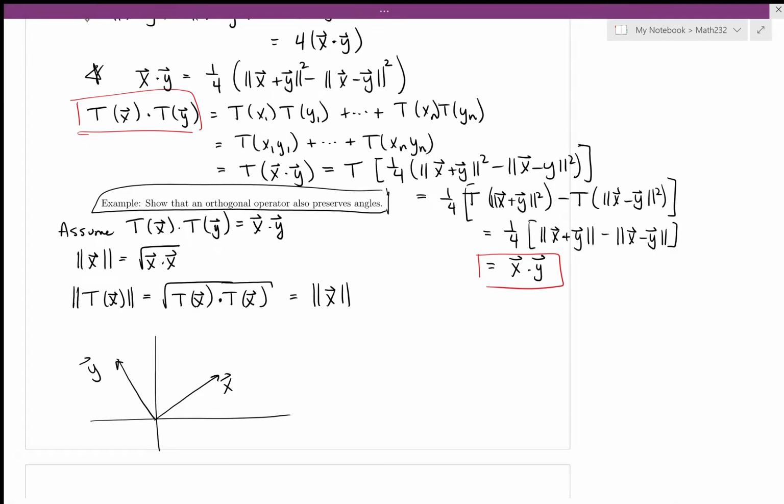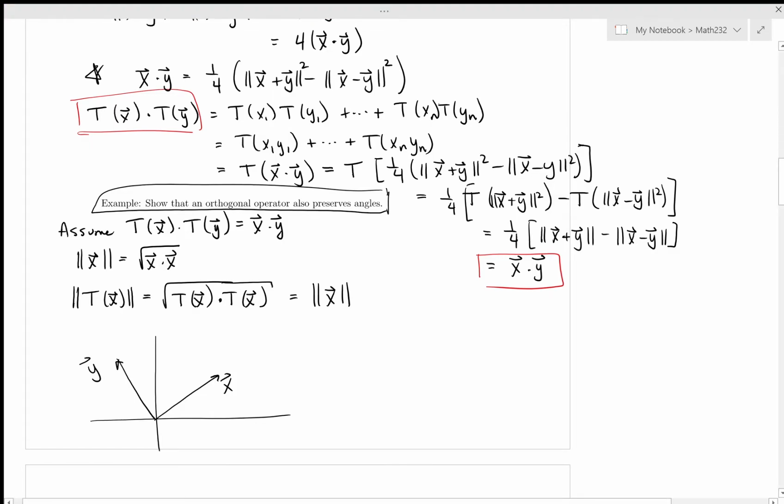For the sake of illustration, imagine that we do a rotation by phi degrees. I'm going to rotate this vector by phi, and I want to make it the same length, of course. I'm also going to rotate this one by phi, so those angles are the same. Let's call them x prime and y prime.